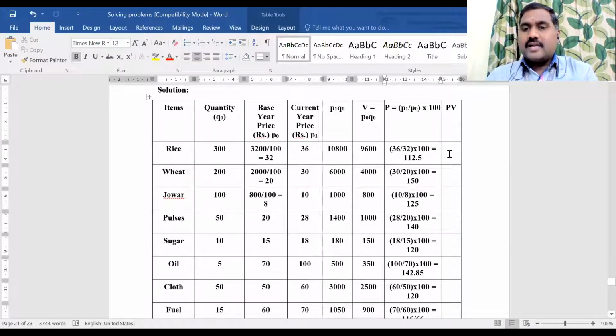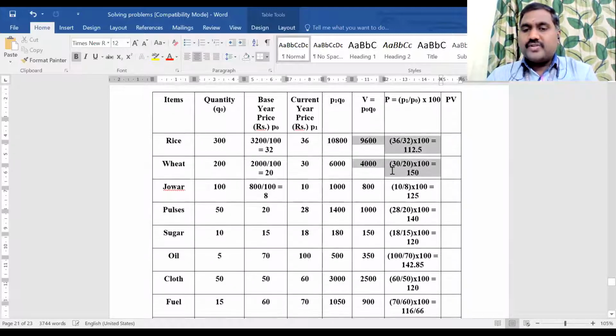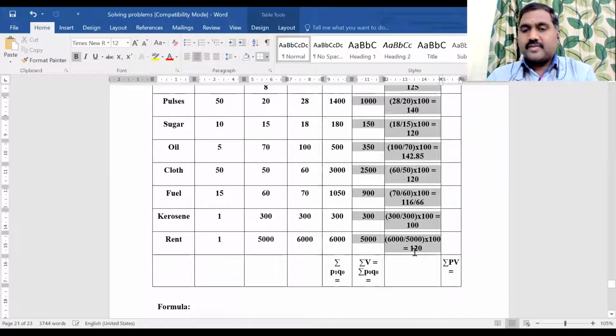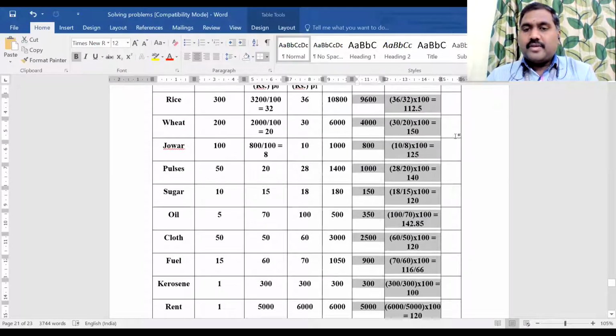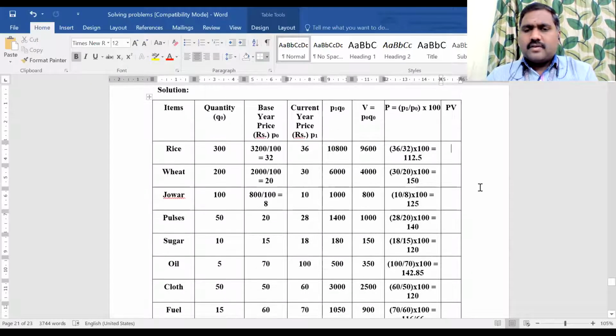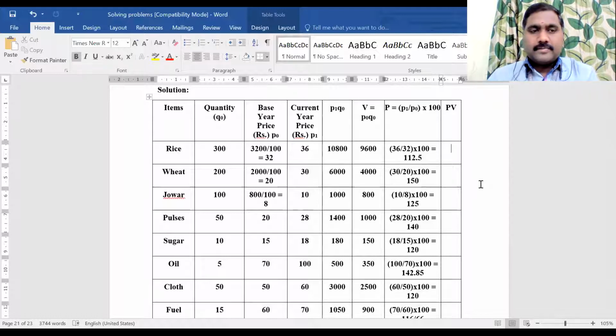Now next we need to calculate P and V. So these two values we need to multiply and tell me. Okay, now tell me what is 9,600 into 112.5. 9,600 into 112.5. 10,80,000.